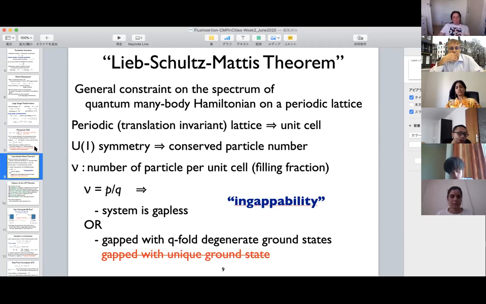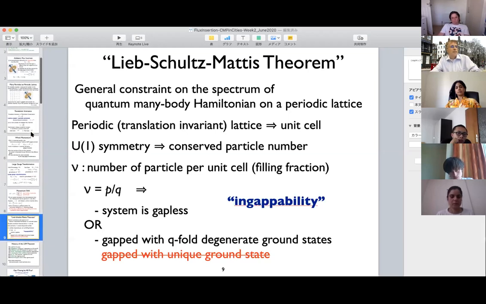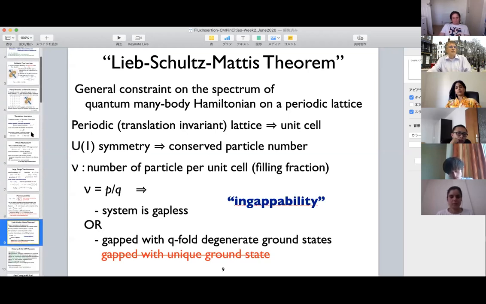So what I'm calling a gap in this context is that there is some lower bound of the excitation gap. And for any large system size L, if the gap is bigger than this lower bound, then we can call this lower bound the gap. That's how I distinguish.